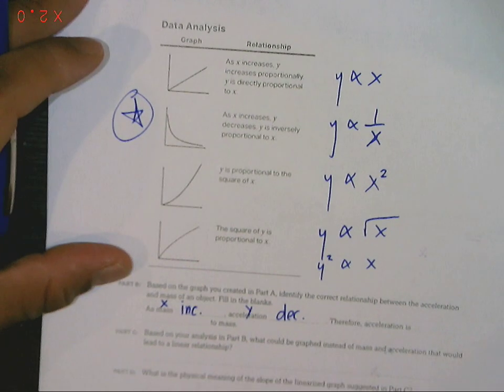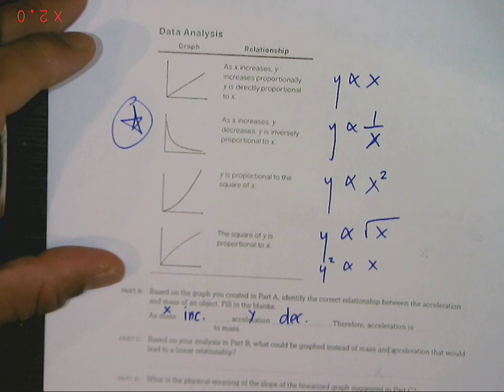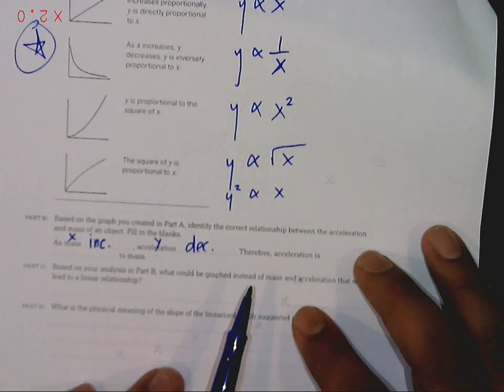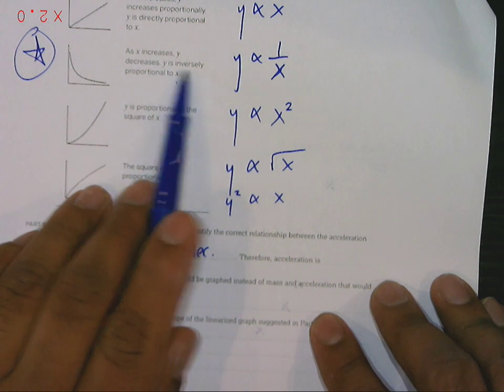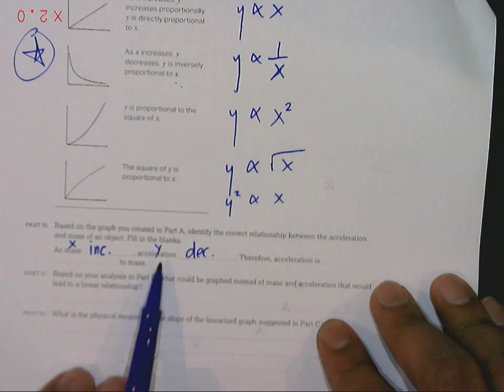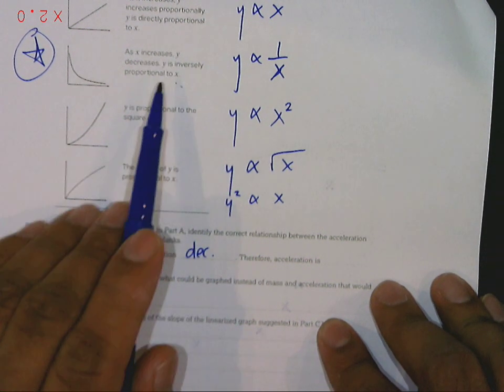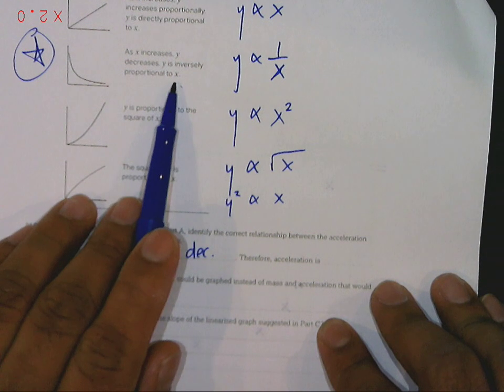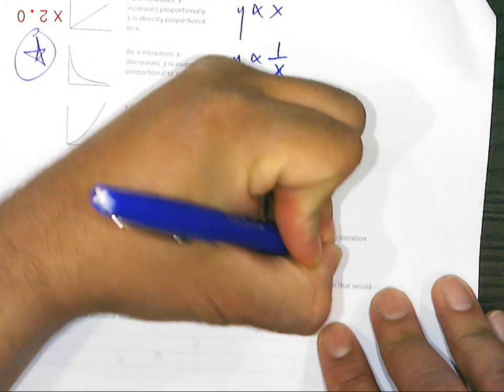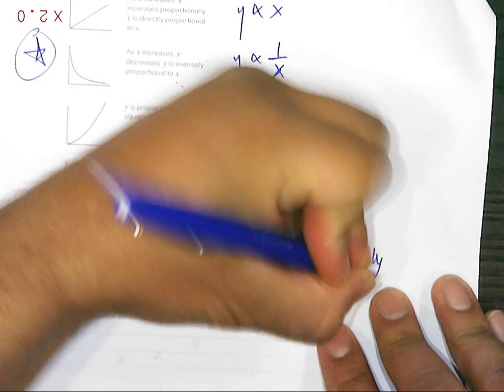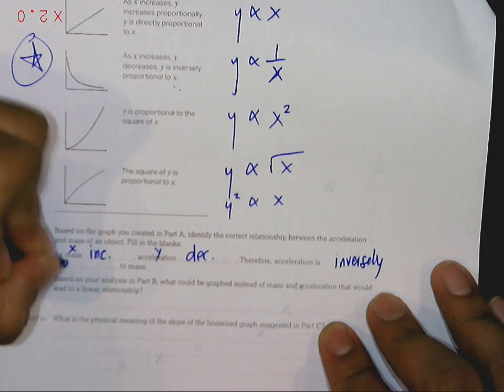I hope that works a little bit better for some folks. Therefore, if we look back at this guiding sentence, acceleration, which we said was y, is inversely proportional to x, and for us, x is mass. So acceleration is inversely proportional to mass.